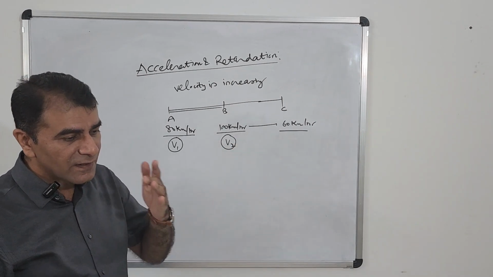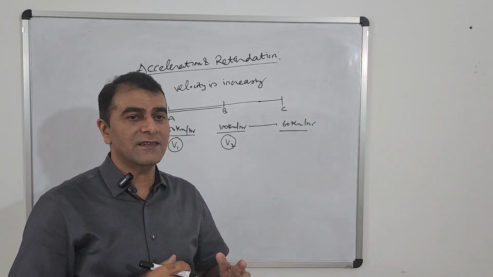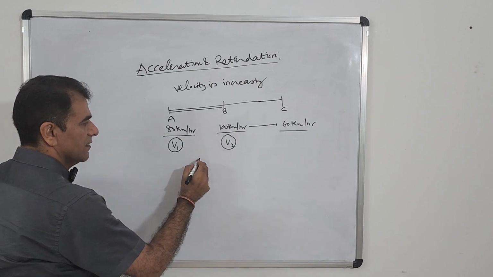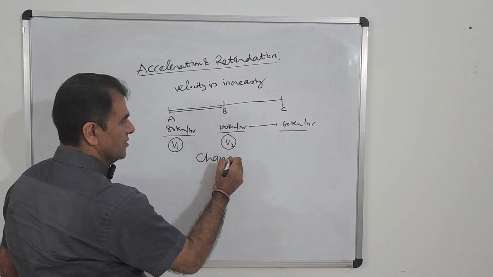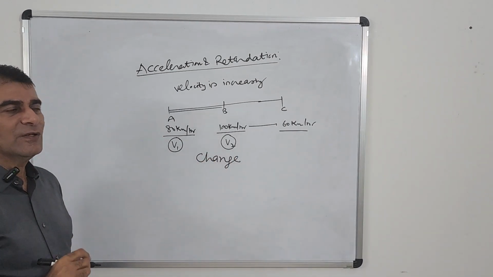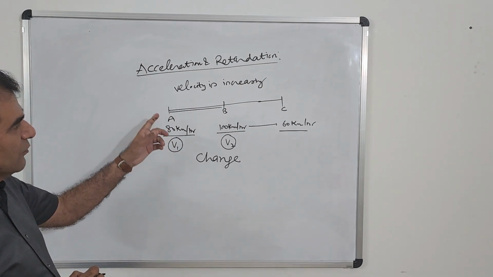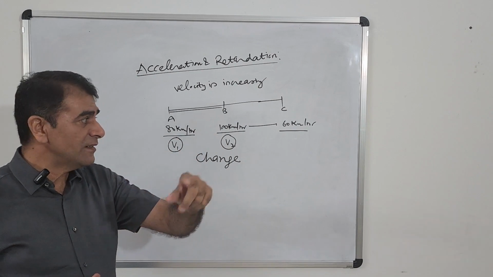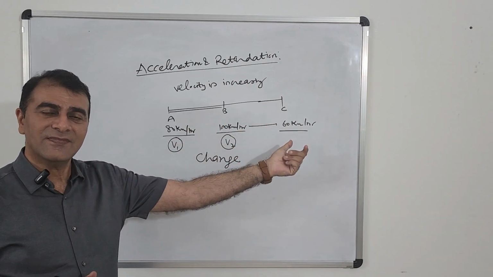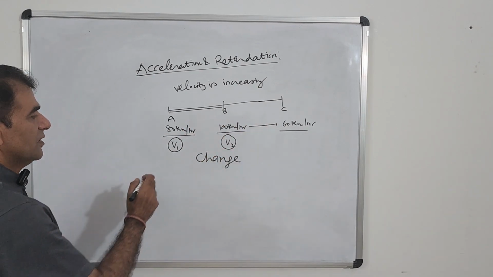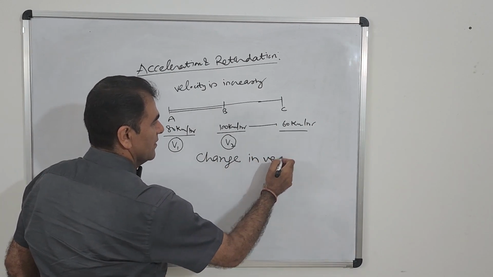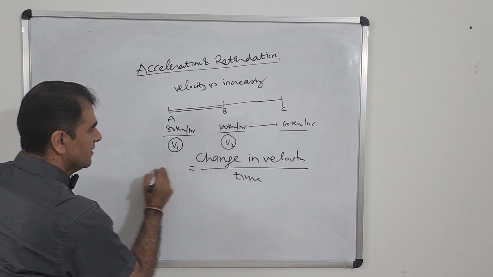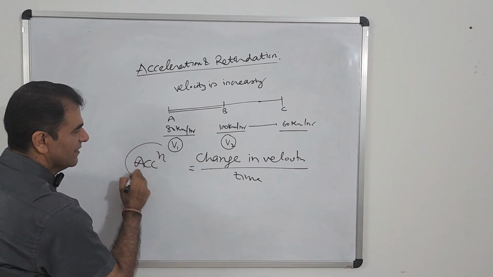When something increases or decreases, we use a word for increase or decrease, and that word is called change. Okay, so it means we can say that from A to B and B to C, there is change in velocity. That is clear? Okay, so this change in velocity per unit time is nothing but acceleration.